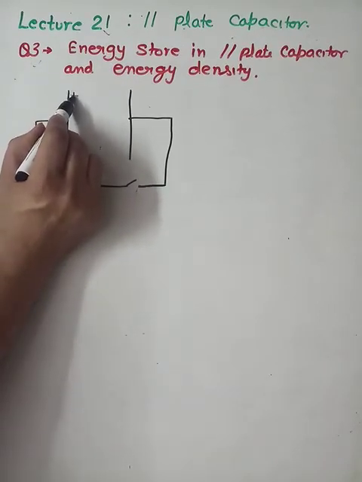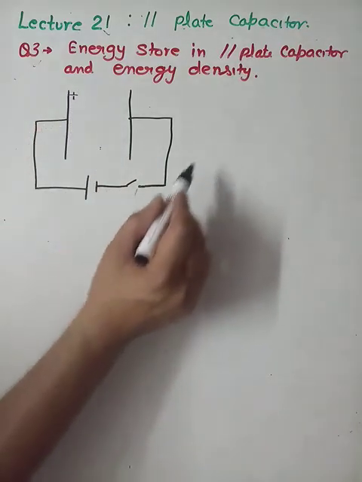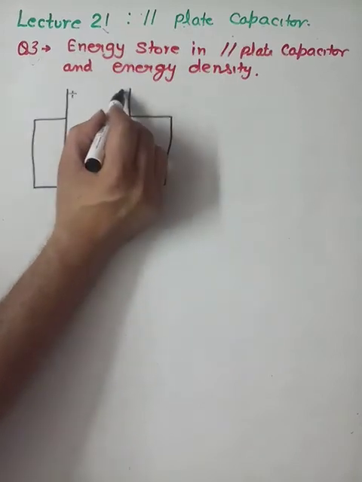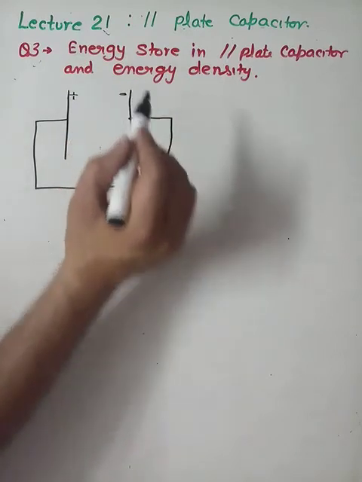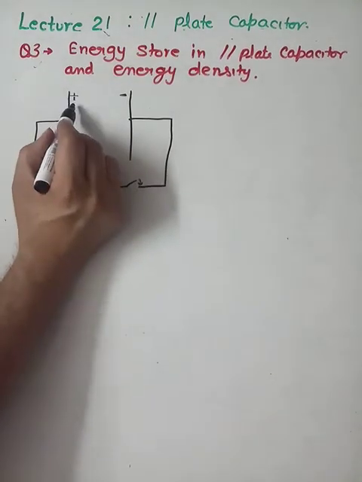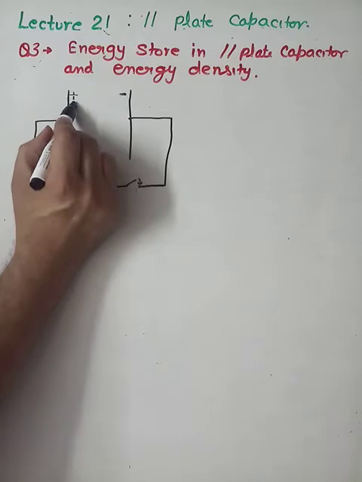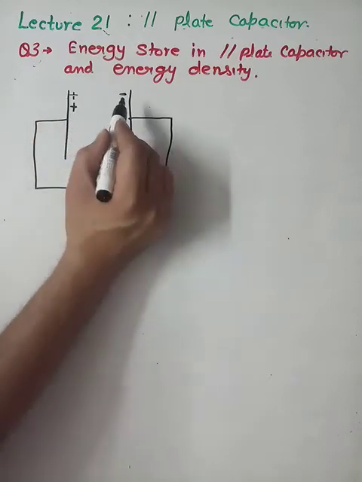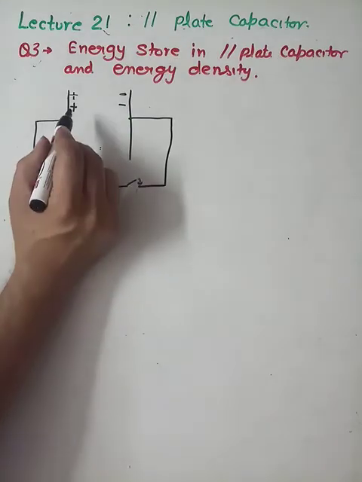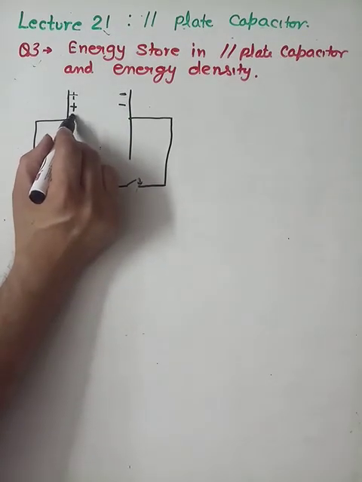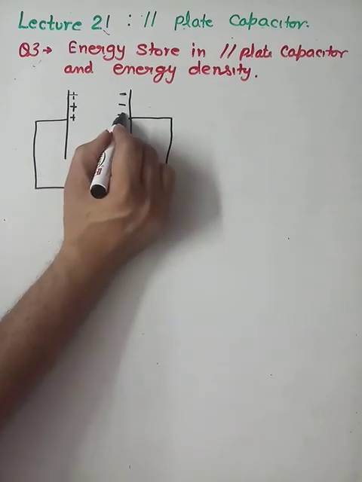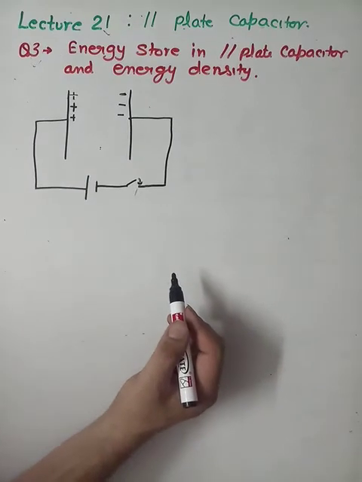Therefore this plate will become positive, and the other plate is connected with the negative terminal of the battery, which requires negative charge. Each time it becomes more difficult to attract electrons because the plate is already positive. In this way the positive plate starts providing positive charge to this plate A, and equal negative charge is created on the second plate.